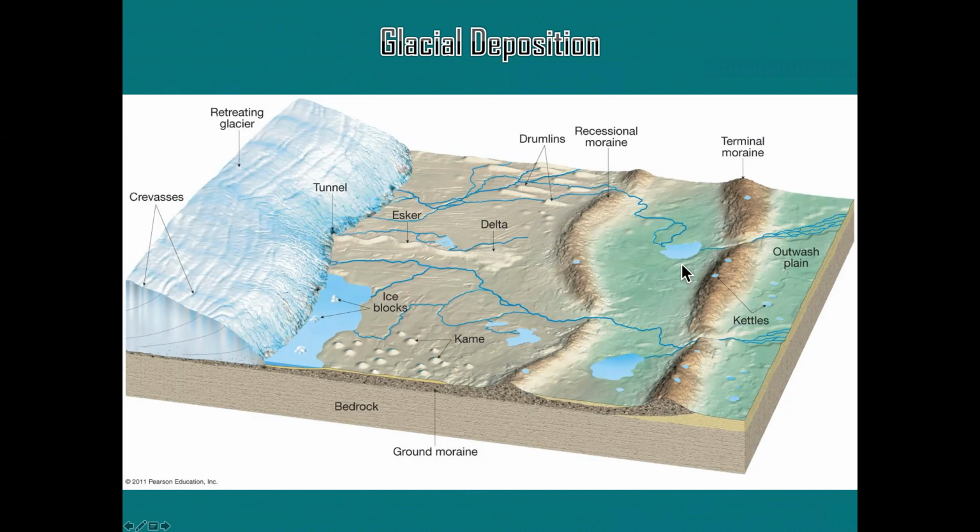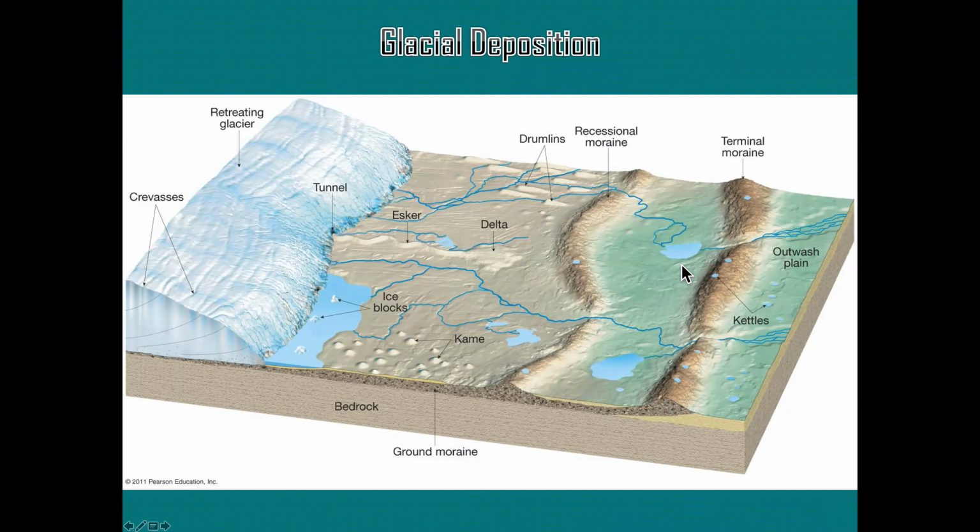That's what a moraine is. The terminal moraine signifies the furthest the glacier has moved over time. You can have recessional moraines, you can have ground moraines, and you can have moraines that happen in between glacials.